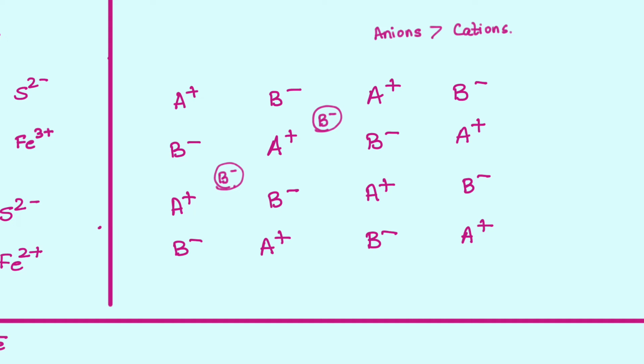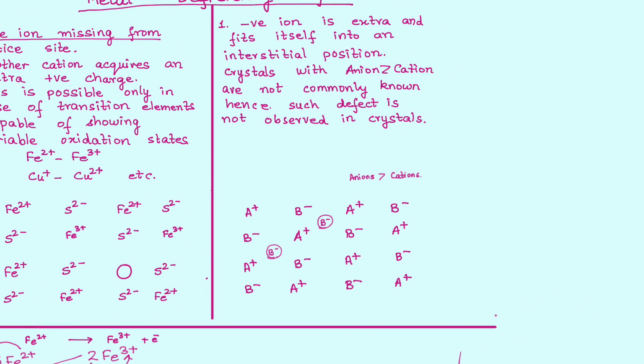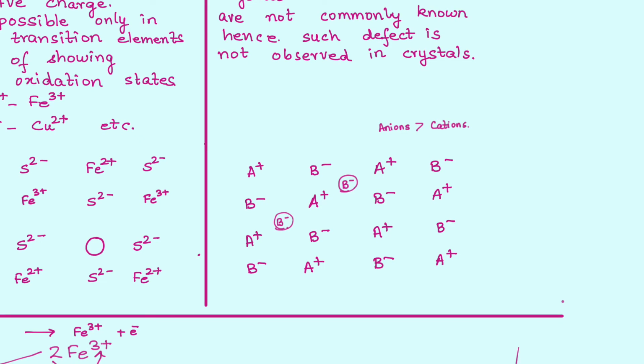The anions are not able to do that easily. That is why we notice that this kind of defect is not so commonly observed in the case of crystals.